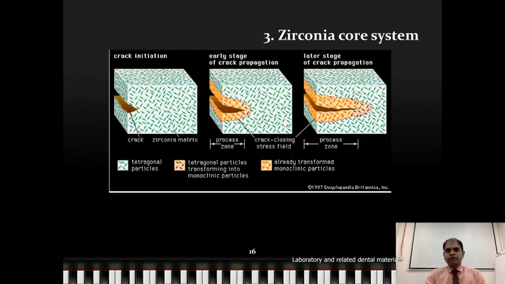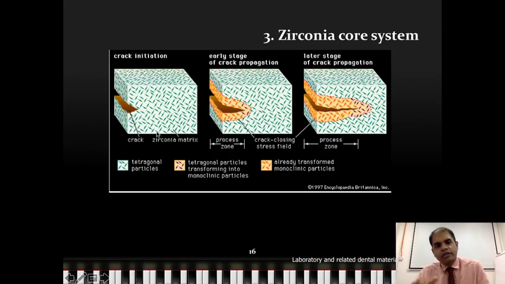Zirconia, the third system, has the highest strength compared to the previously mentioned systems because of its tetragonal particles. If you see the zirconia system in this image, inside the crystal it looks like tetragonal particles. This is tetragonal in shape in the image.